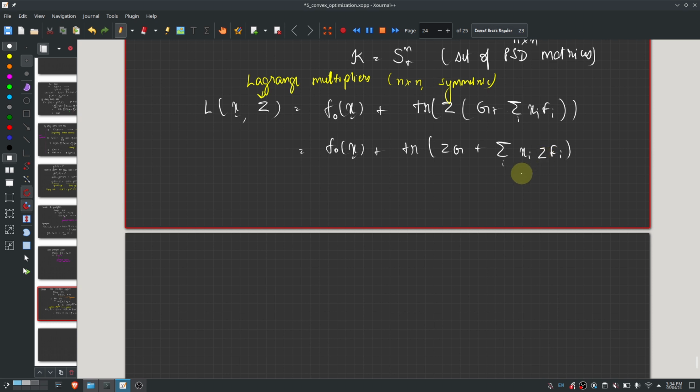But what is the trace of a sum of matrices? The sum of the traces. So I can write this as f0 of x plus trace of Z times G plus summation i equal to 1 to n xi times trace of ZFi.